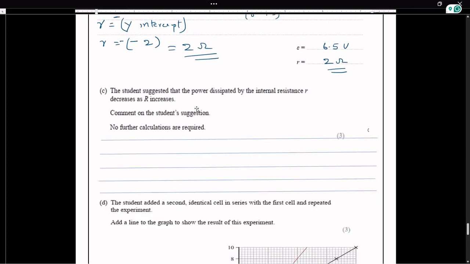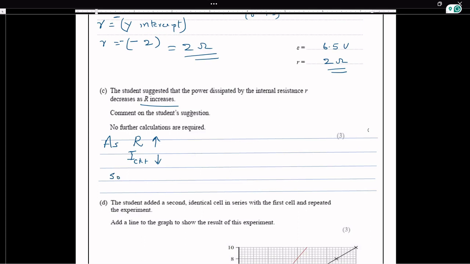Now, the student suggested that the power dissipated by the internal resistance r decreases as capital R, that is, the load or external resistance, increases. Comment on the student's suggestion. Let us see. As R increases, definitely the circuit current I decreases.